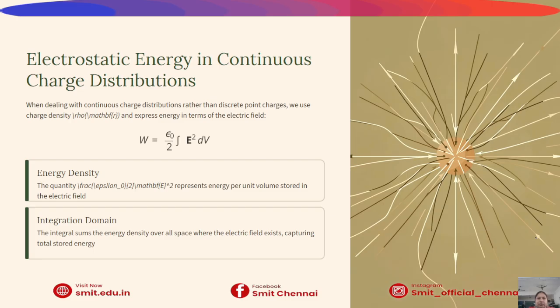Next, we see about the energy density of electric field. The electrostatic energy stored in any region of space depends on the strength of the electric field present in that region. The energy density is defined as the energy stored per unit volume and is given by 1/2 ε0 multiplied by the square of the electric field intensity.